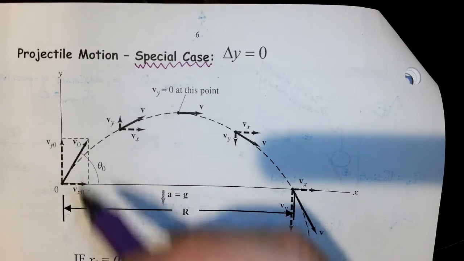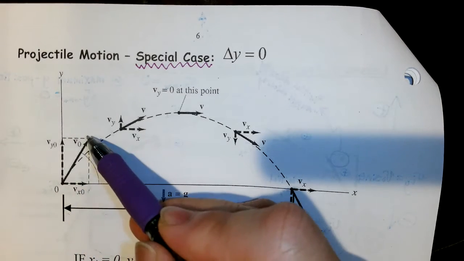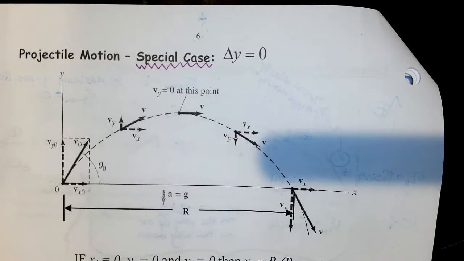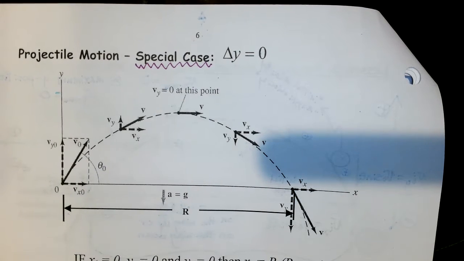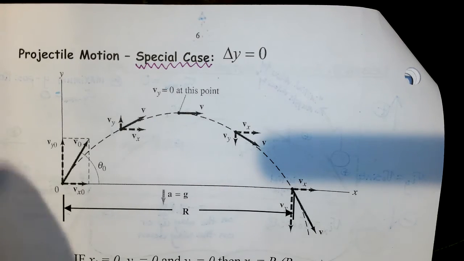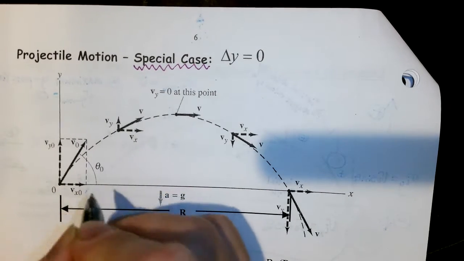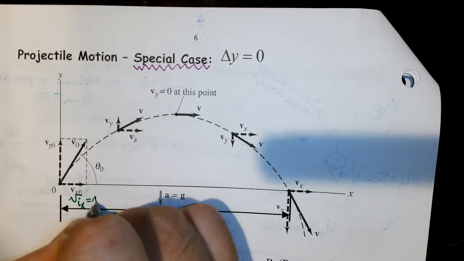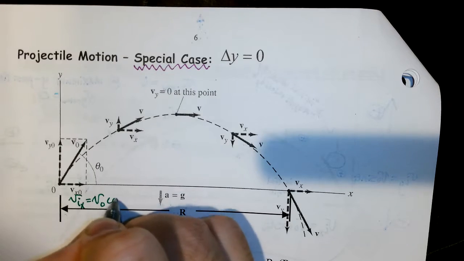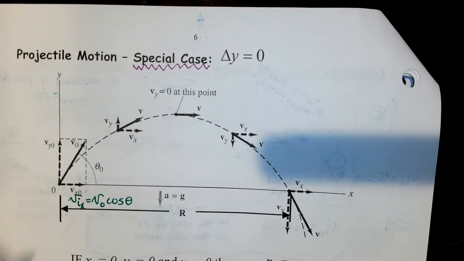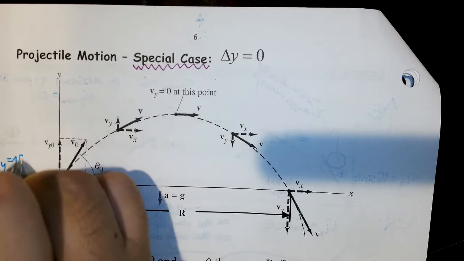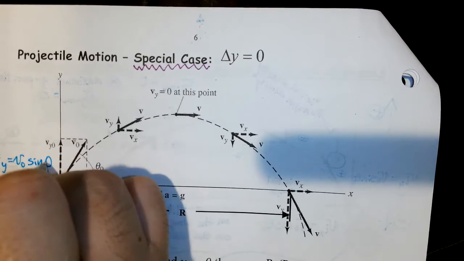So again, we're given V naught, which is the muzzle velocity, shot at an angle of theta naught, which is the initial launch angle. So we should be able to calculate the VIX, which is V naught cosine theta, and the VIY is equal to V naught sine theta.